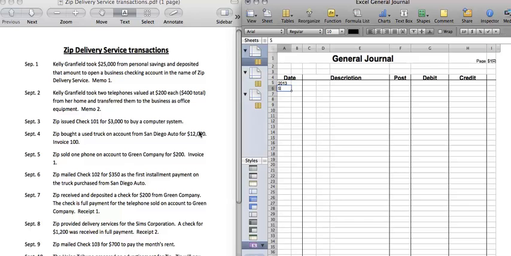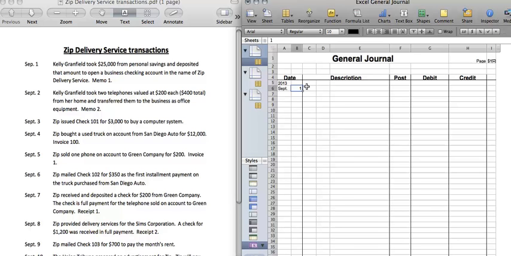So I'm going to write September, and our first transaction takes place on September 1st. Now as we go through the rest of these transactions, I won't need to enter the year or the month again until they switch. For example, once we hit October, I'll enter October, and once we would hit 2014, I would enter that. Otherwise, I can just leave those there and enter in the different transaction dates.